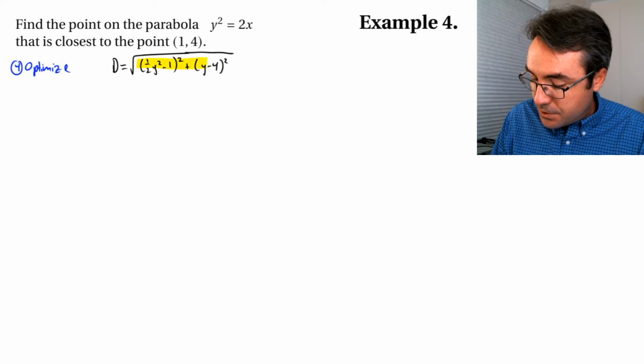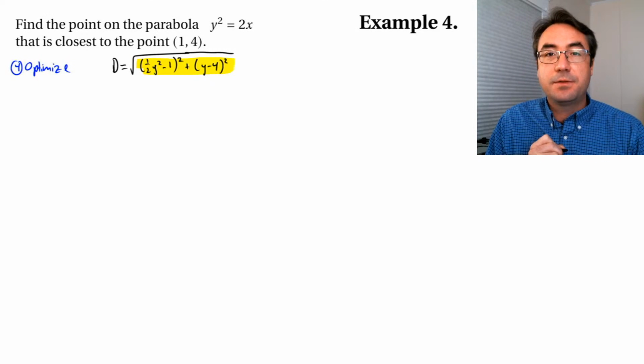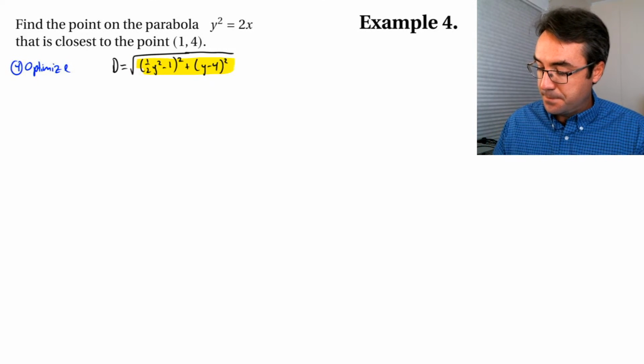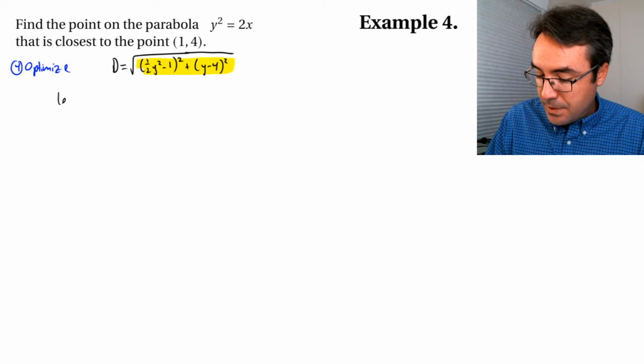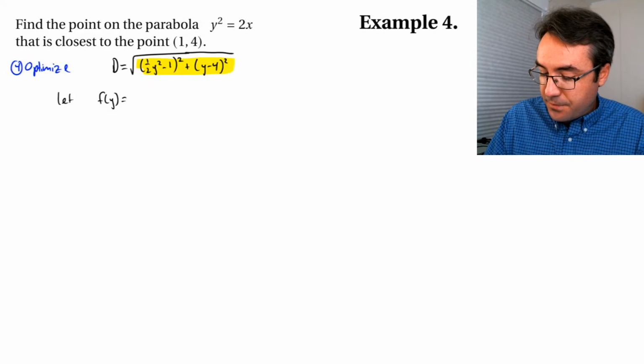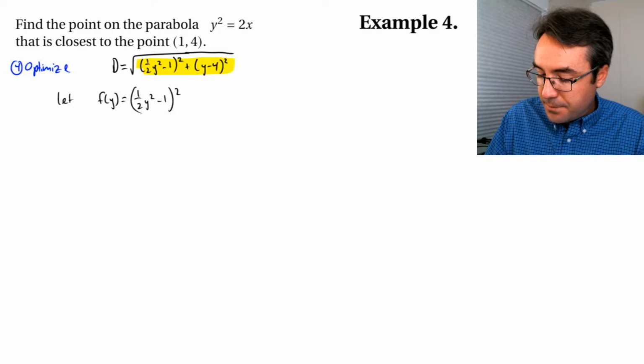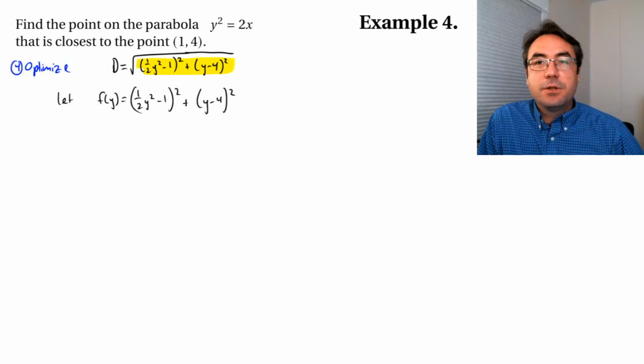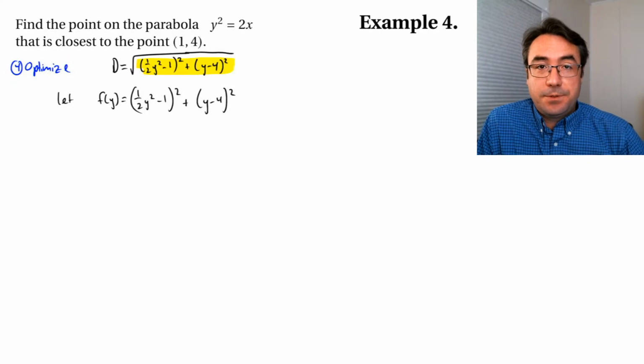We're just going to consider those terms underneath the square root, and we'll give those a name. Let's call it f of y. It's the inner function, underneath the square root there. So we're just going to look at our function without that square root.